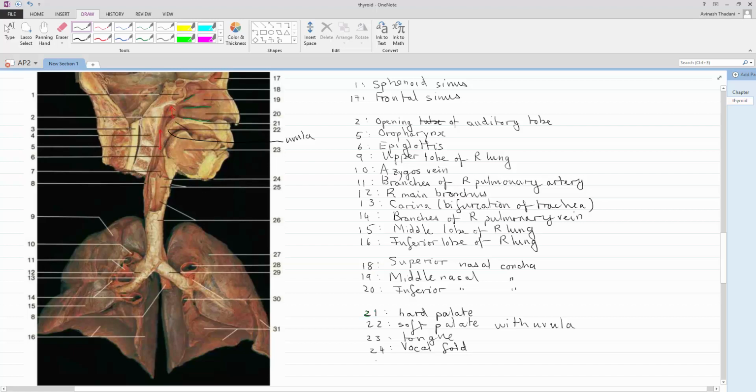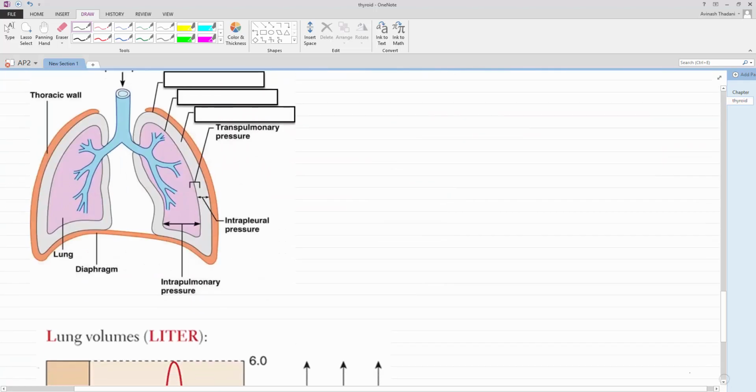That's beyond the scope for this chapter. 25 is the larynx itself. Please remember how to spell larynx as well as pharynx. 26 is the trachea.